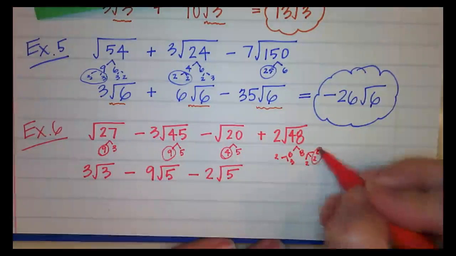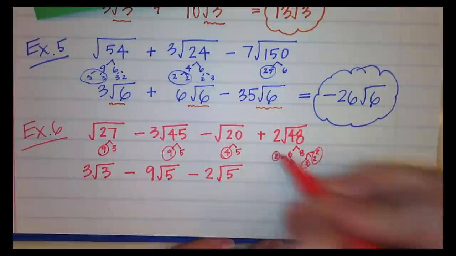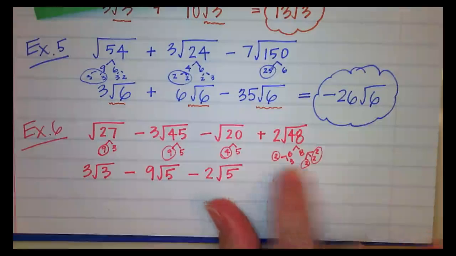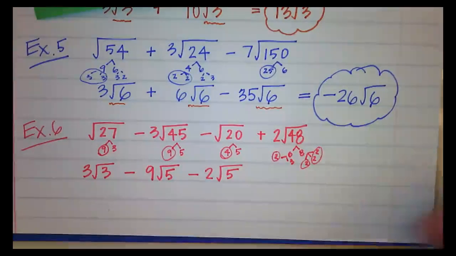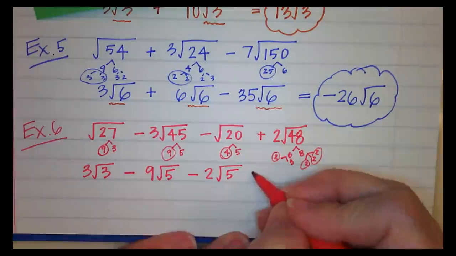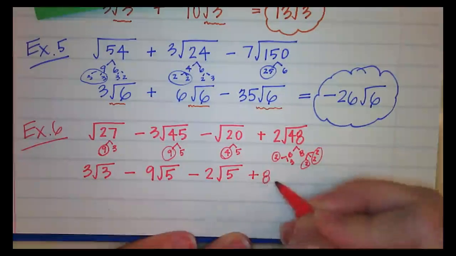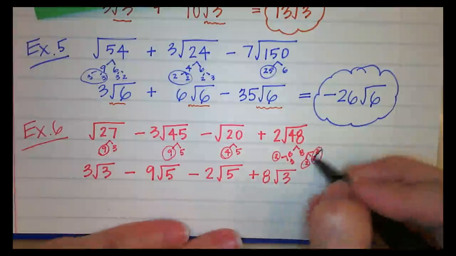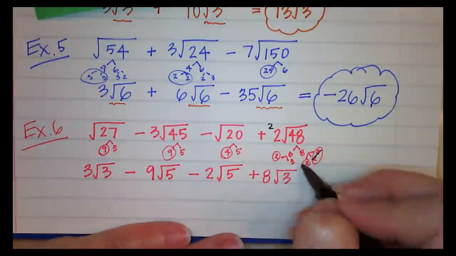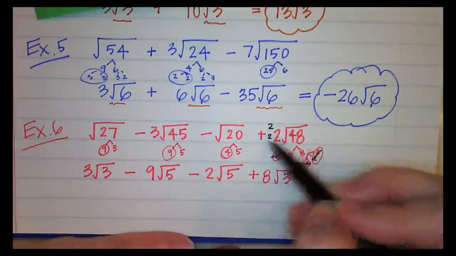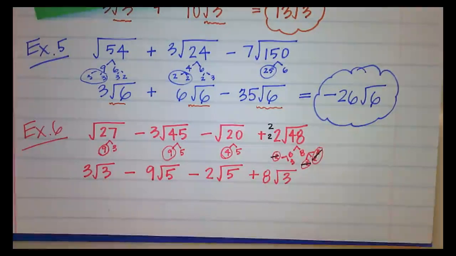So I have 2 pairs of 2's here. So if I have 2 pairs of 2, I bring those out with the 2 that's already there, that's going to give me 8 root 3. Okay, so just to clarify, those 2's come out as a 2, and those 2's come out as a 2, and then I multiply all those together to get the 8.